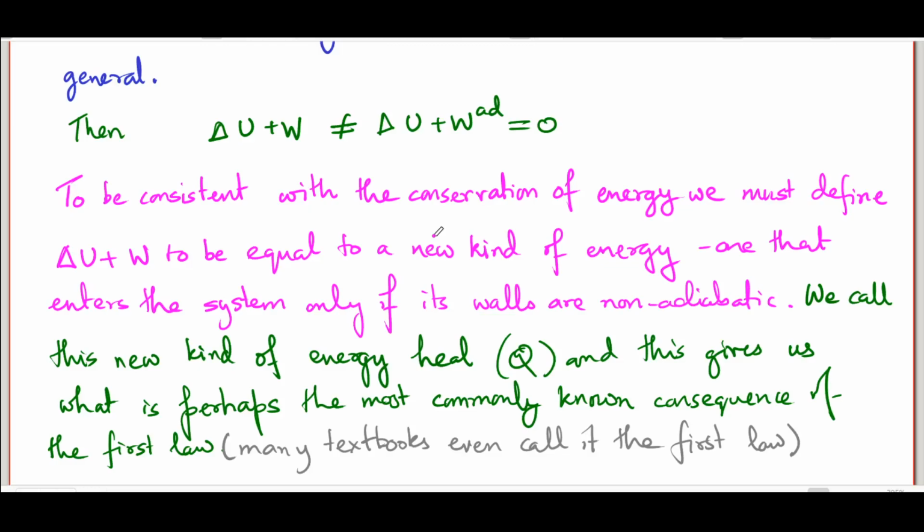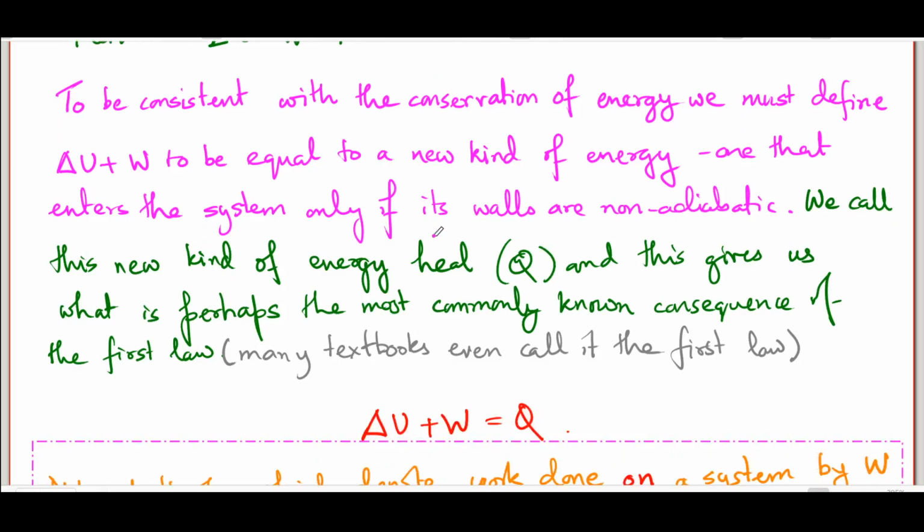And this may be the form in which you know the law, which is delta U plus W equals Q. Q is a form of energy which comes in through diathermal walls, and it can either go to increase the internal energy, or a part of it can go in making the system do work. This is of course a version of conservation of energy where you have taken into account the fact that other means of energy transfer are available to you when the walls are no longer adiabatic.